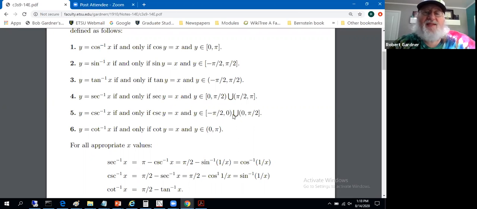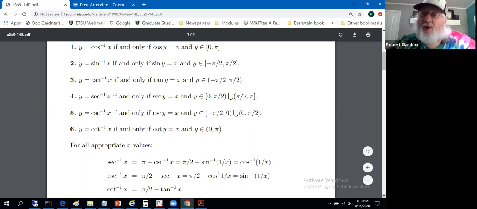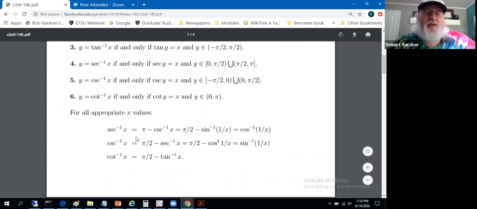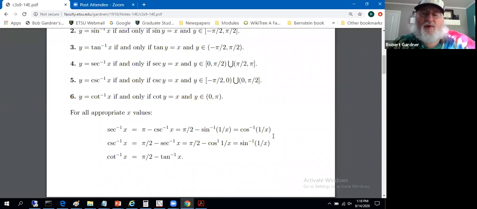But with these definitions, we get the following relationships. And we'll really just justify these by looking at graphs more than anything. Secant inverse is pi minus cosecant inverse, or pi/2 minus sine inverse of 1/x, or cosine inverse of 1/x. It's the outer ones I want to relate. Secant inverse of x is the same as cosine inverse of 1/x. Forget the inverse stuff, how did secant and cosine relate? Wasn't secant 1 over cosine?